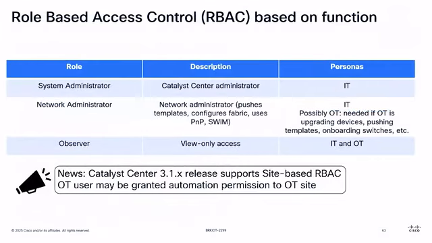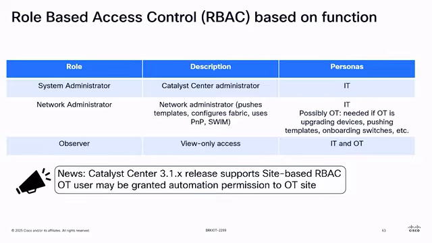Most of the time what we see is our OT folks are not given access to Catalyst Center. And we have the built-in role-based access control, the traditional, which even gives you right away the option to add an observer role. You can give the OT people access as an observer of the network.